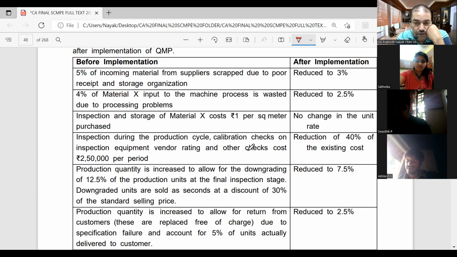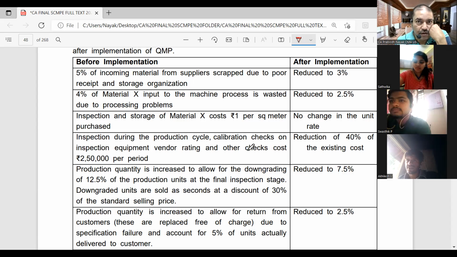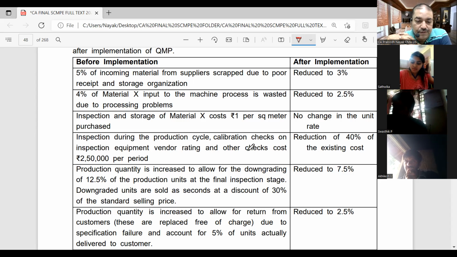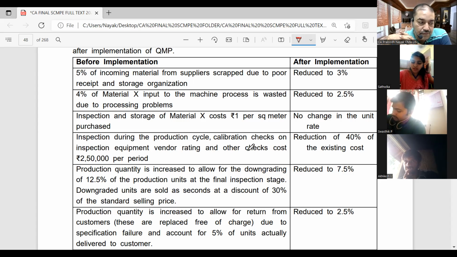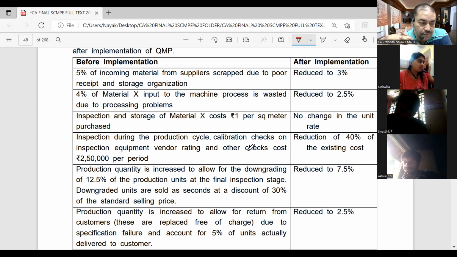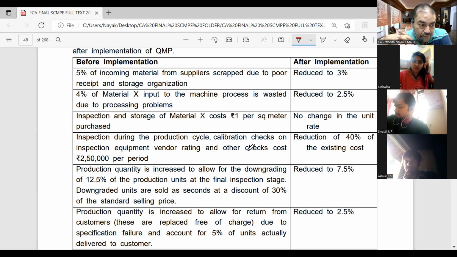Okay, before implementation, what calculations have you done? Units required to fulfill orders is 5,000 for both. Then incoming materials from the supplier scrap due to poor receipt and storage organization will be 250 and 150. Then wasted due to processing problem, it is 200 and 125.